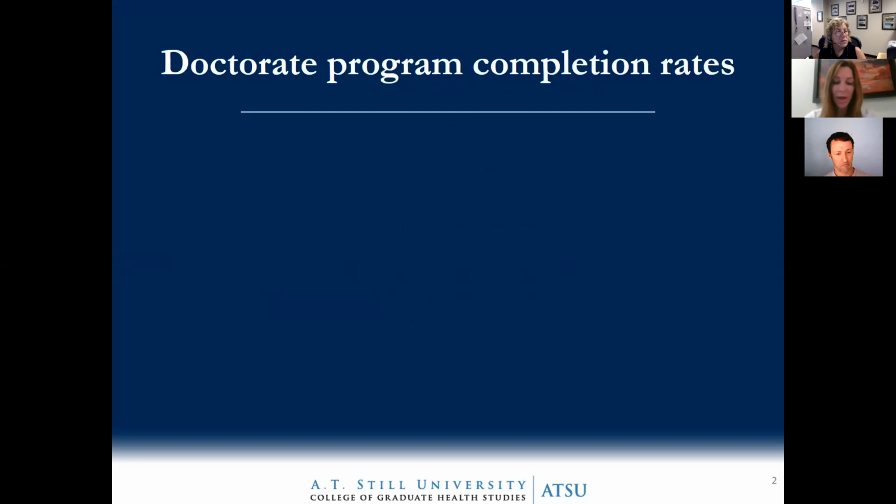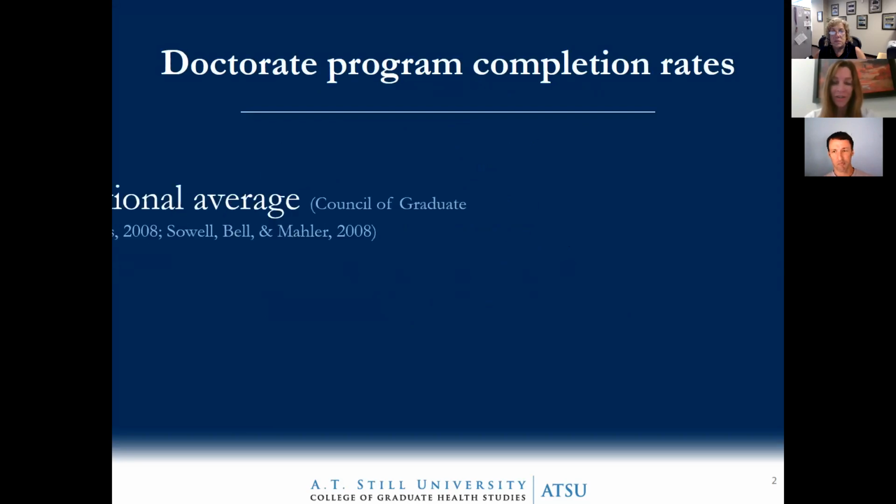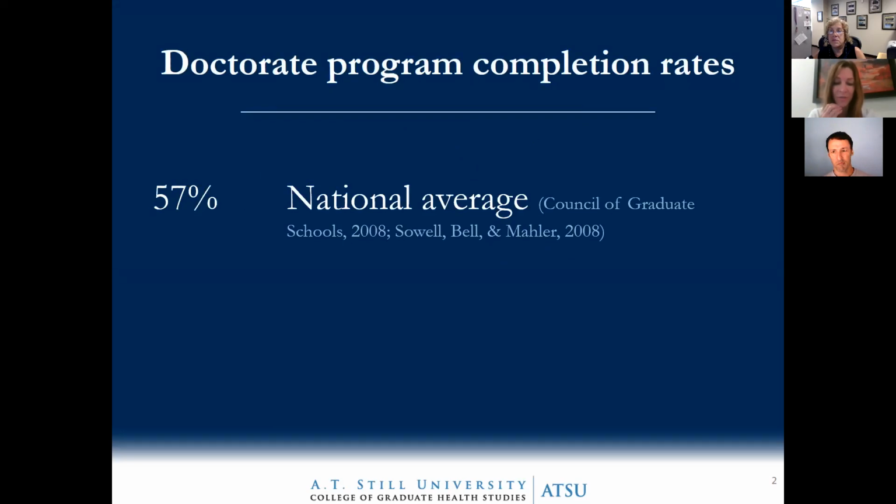So just a little bit of background first about doctorate program completion rates. Nationally, the average is 57%, meaning 57% of the students who start a doctorate program actually complete it. The completion rate of our own DHSc program, though, is quite a bit higher than the national average at 73%.